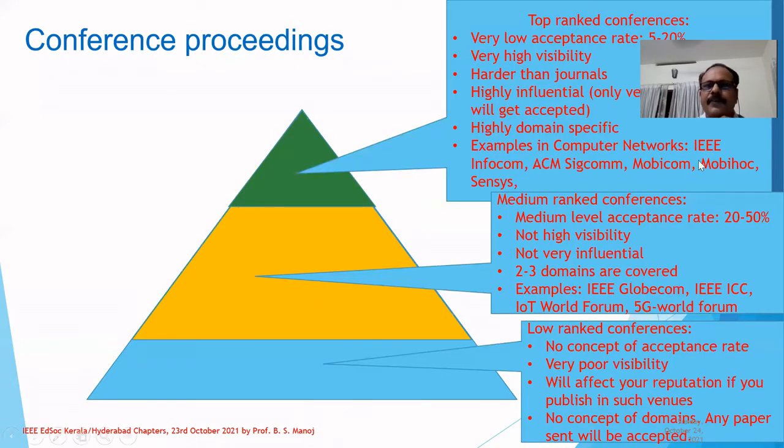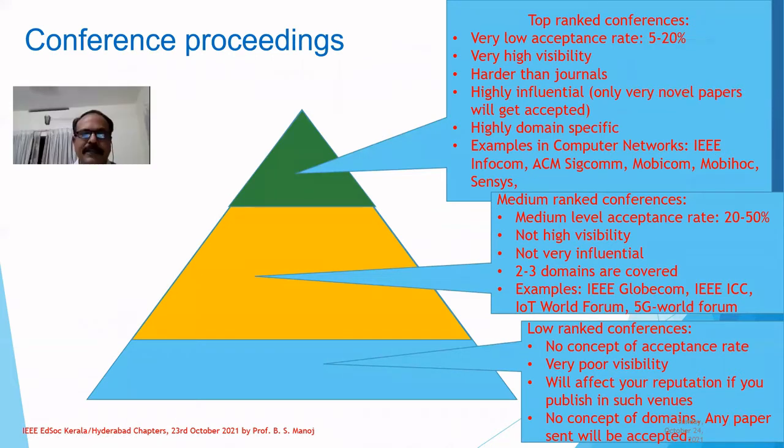Now, if you look at the conference proceedings vary in significant domains. If I categorize into three classes, where the top ranked conferences, where the acceptance rate is likely to be very, very low, 5 to 20%, because these conferences have very high visibility, very harder than journals to get a paper accepted into these conferences.